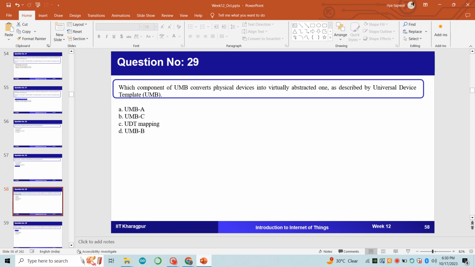Next question: which component of UMB converts physical devices into virtually abstracted ones as described by a universal device template? Options are UMB-A, UMB-C, UDT mapping, UMB-B. UMB-A, okay. Anyone else?